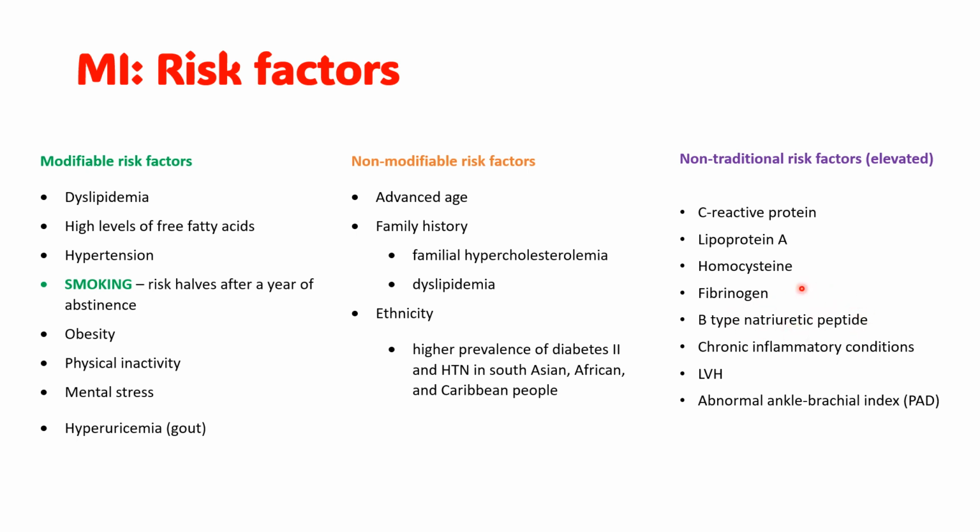And if this is elevated, it can indicate heart strain. Other risk factors such as chronic inflammatory conditions, left ventricular hypertrophy, and then an abnormal ABPI, which is an ankle brachial pressure index that can be seen in peripheral arterial disease.